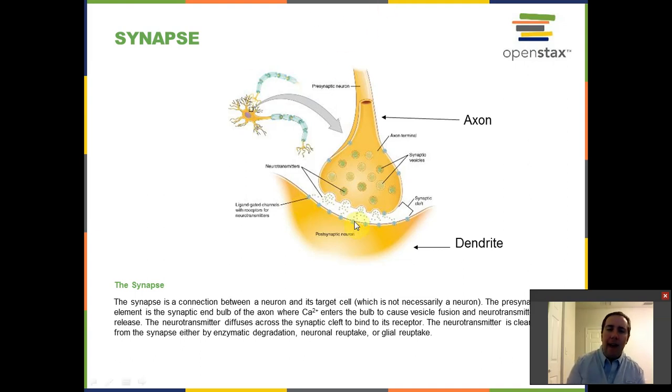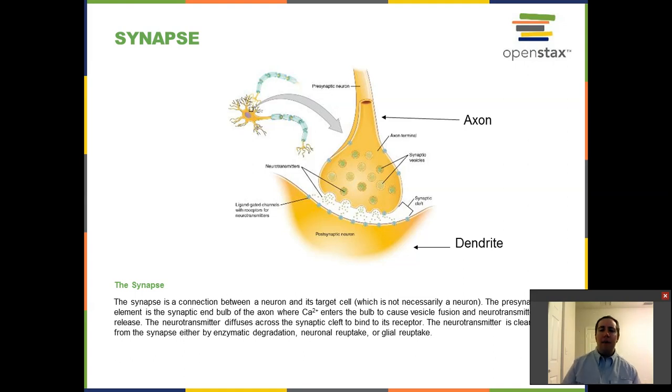In the diagram, we have the axon on top and the dendrite of the next neuron on the bottom, but they do not touch. The gap in between the axon and the dendrite is called the synaptic cleft. The synapse is this whole thing you're seeing here: the axon, the synaptic cleft, and the dendrite.